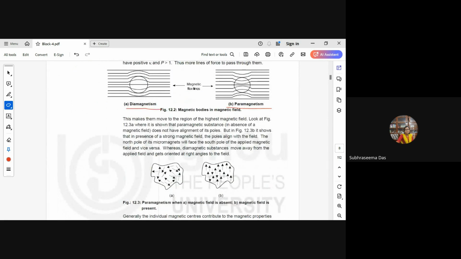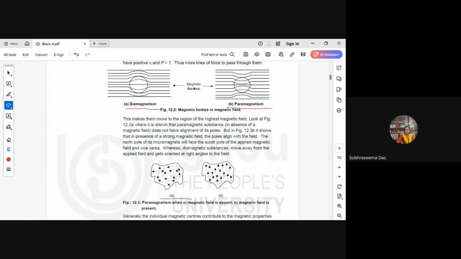Now, to understand this further, let us look into figure 12.3. In 12.3a, a particular case of paramagnetism has been shown. Here, this is a paramagnetic substance when there is no magnetic field, and we can see that the alignment is not proper.